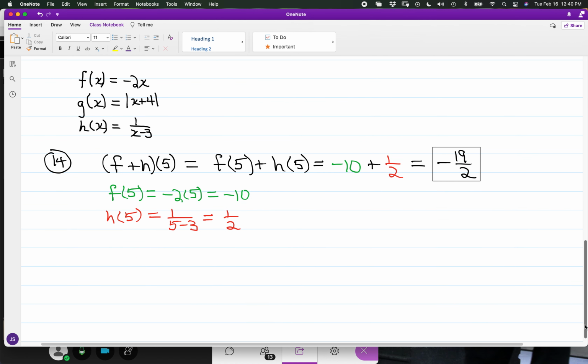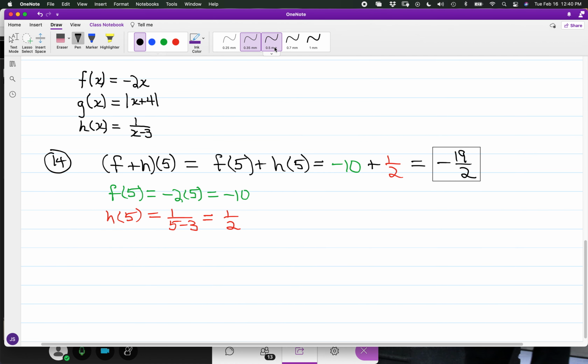All right. Now, in the case of number 16, we're now looking at h over f of 7. In expanding, we're going to have h of 7 divided by f of 7.